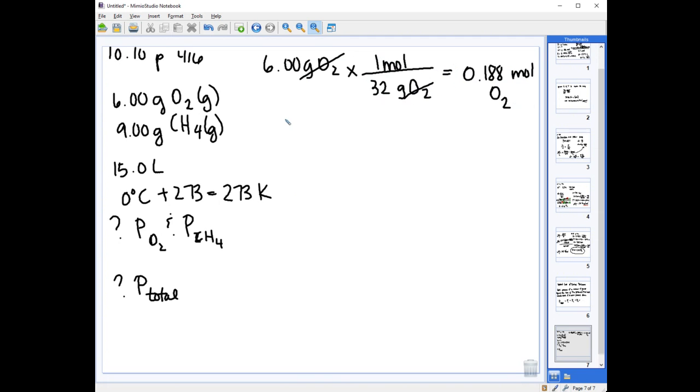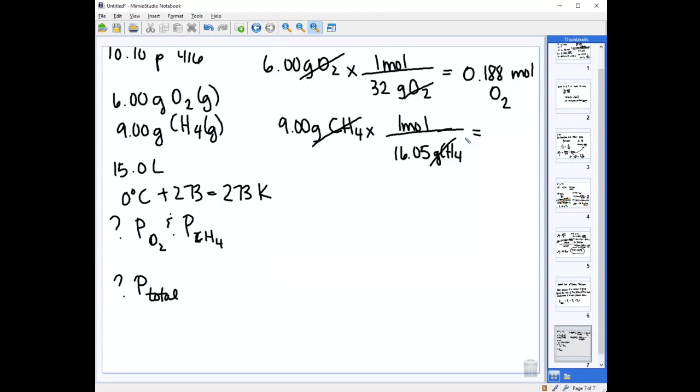I'm going to do the same thing for my methane. I know hydrogen is 1.01 and I have 4. I'm going to add carbon, 12.01, to that. I get 16.05 in 1 mole.